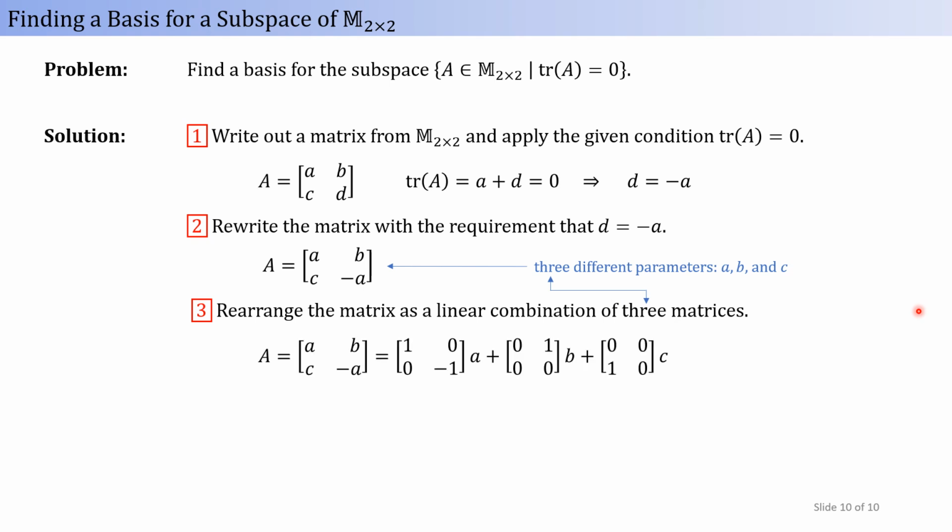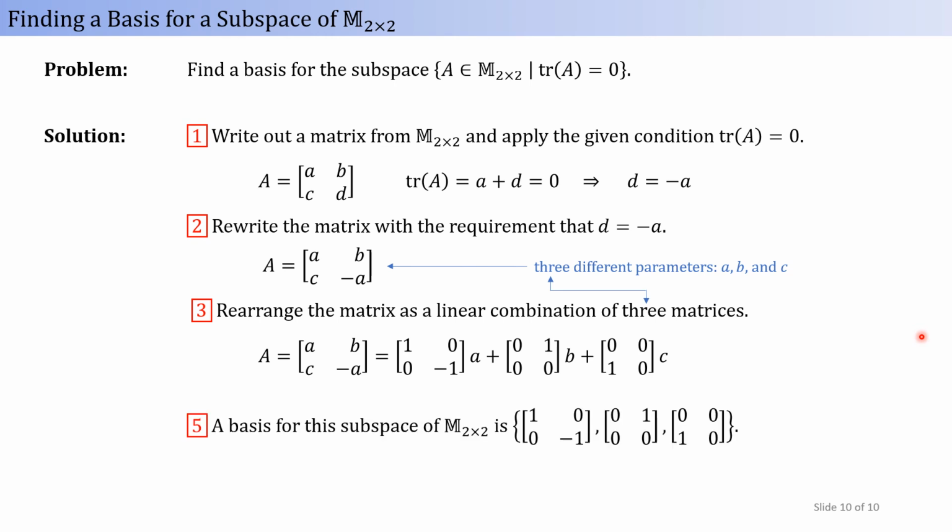So we just factor out a, b, c, and we write 3 matrices with each of those factors. And that's it. Those matrices make up the basis for this subspace. Because there are 3 matrices in the basis, we say the dimension of this subspace is 3.